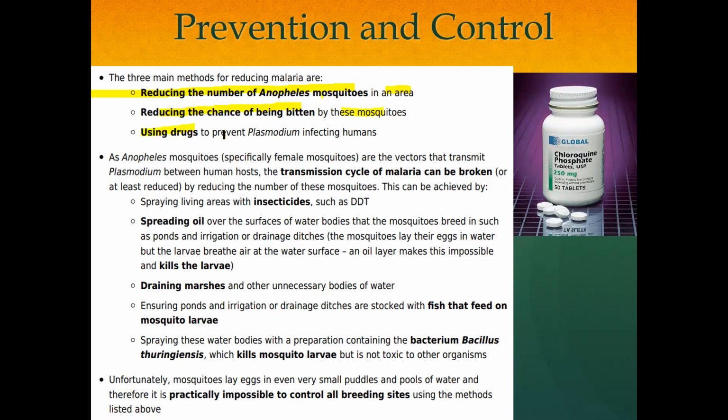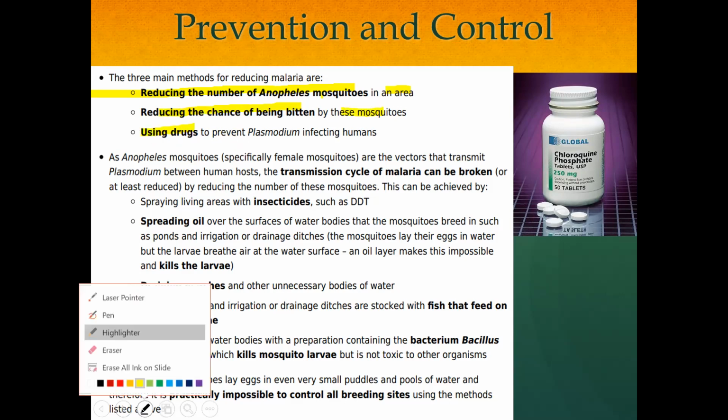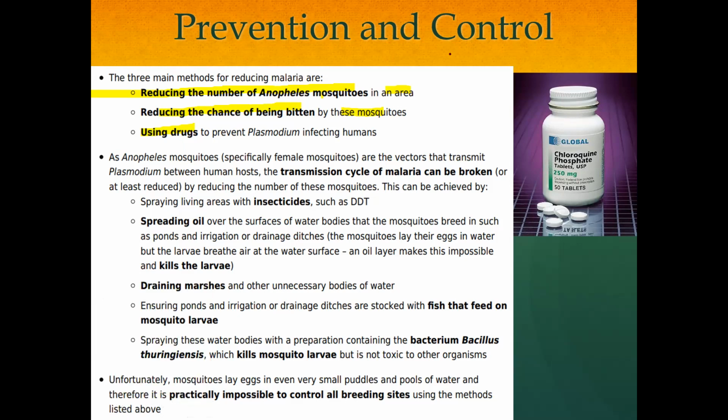These drugs are used prophylactically, and by prophylactically I mean the person does not actually have the disease, but takes the drug as a preventive measure. This would prevent Plasmodium from infecting humans. So these are the three main methods.